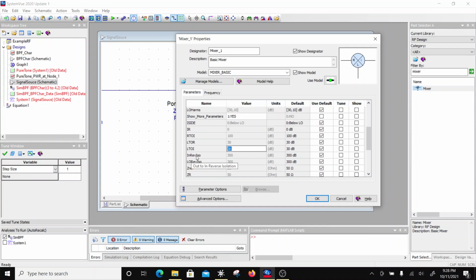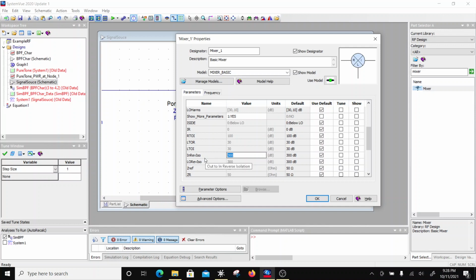And then this is the reverse isolation, which is around 300, which is input reverse isolation, out to in reverse isolation, and this is out to LO reverse isolation. So out to in reverse isolation is the one which is really called reverse isolation. So let's say the gain is 10.